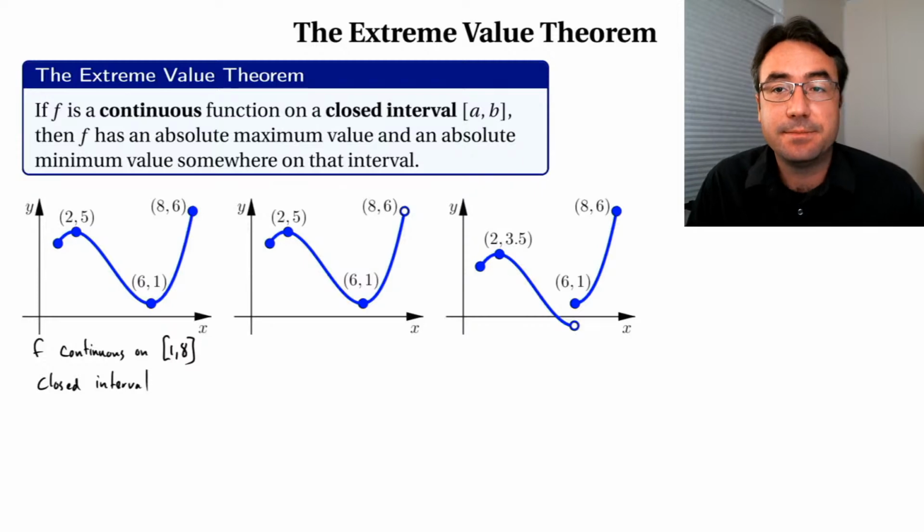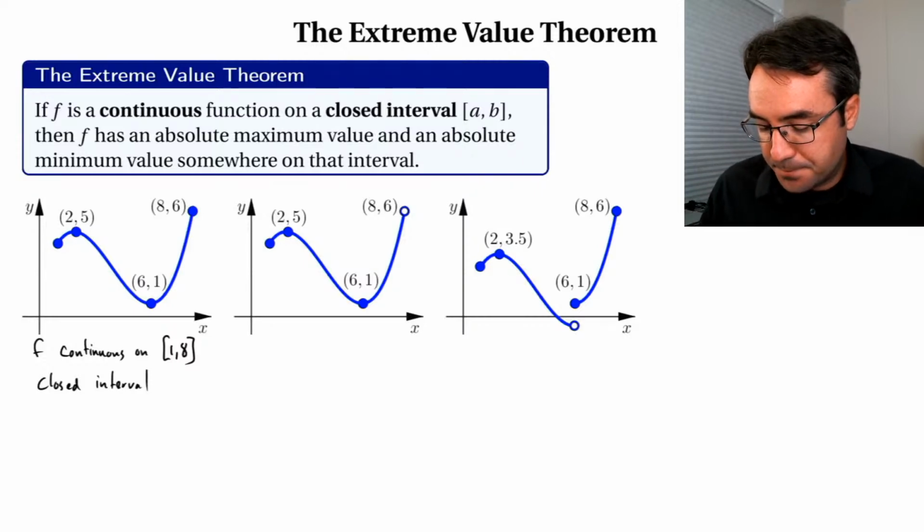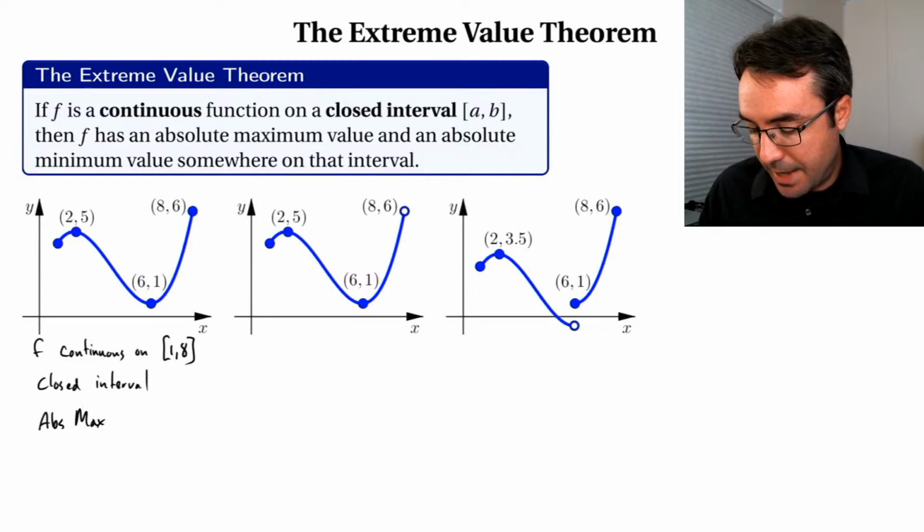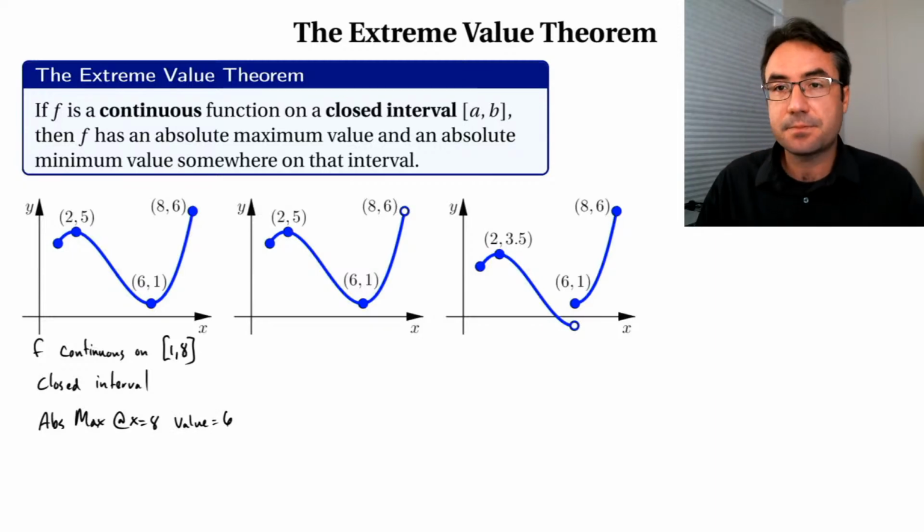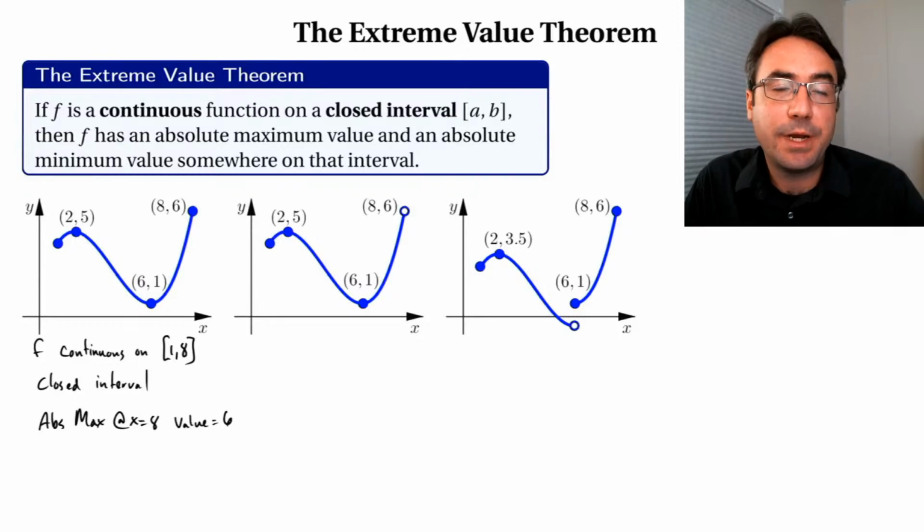And we can see that. If we look on the graph there, the highest point we ever get happens at x equals 8, and the value is equal to 6. So that's the highest point on our graph.